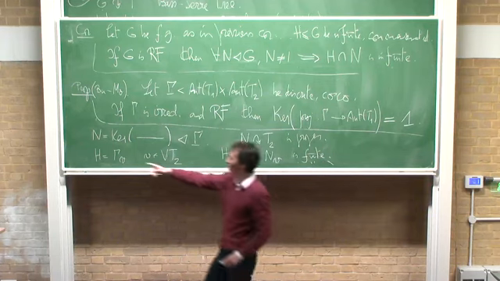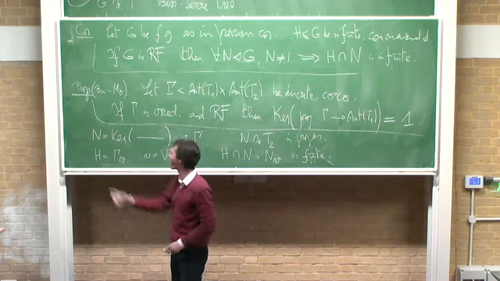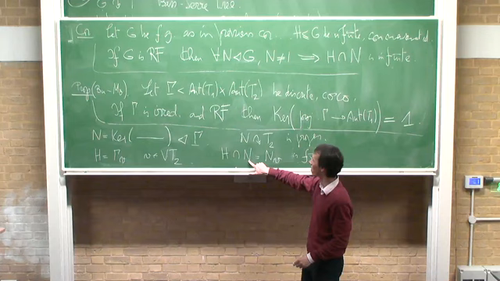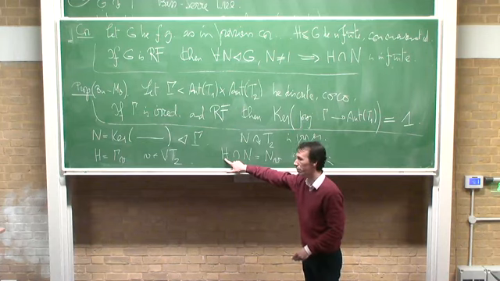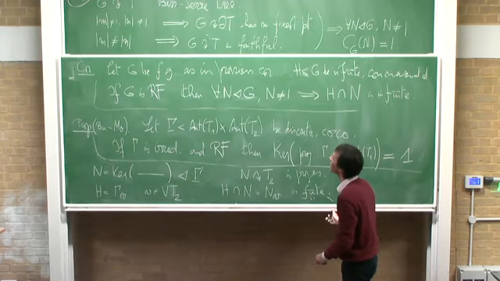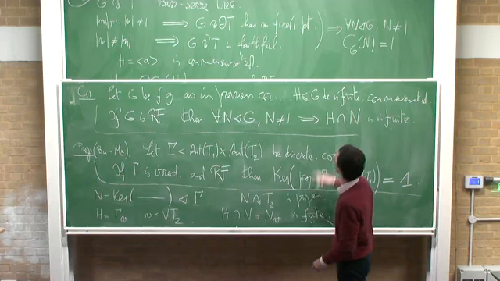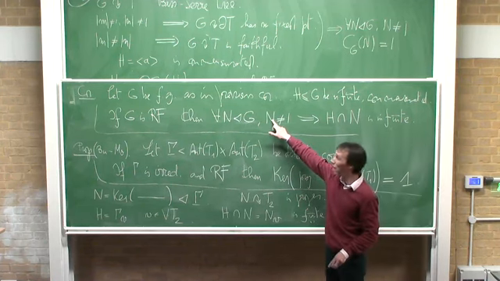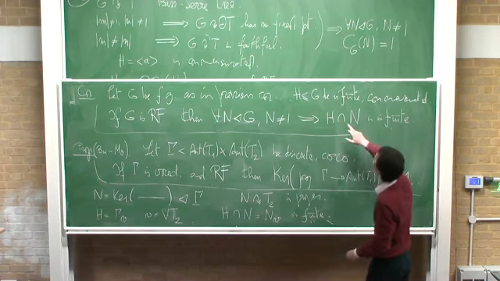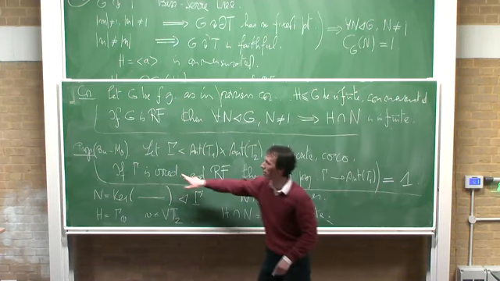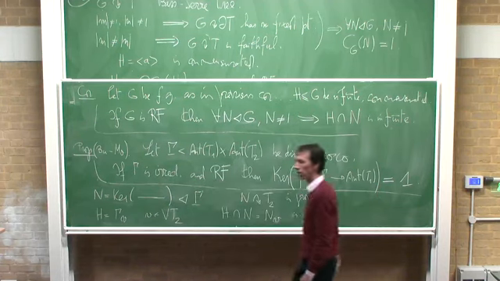Okay? But again, H is a commensurated subgroup. So I have a normal subgroup whose intersection with a commensurated subgroup is finite. So I can deduce that N is trivial provided H is infinite. And saying that H is infinite is exactly saying that gamma is irreducible.